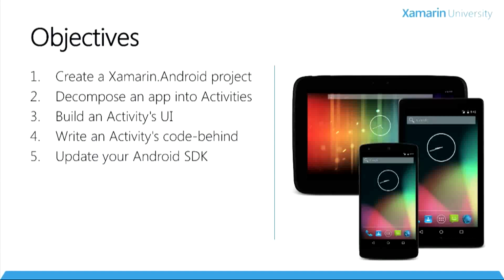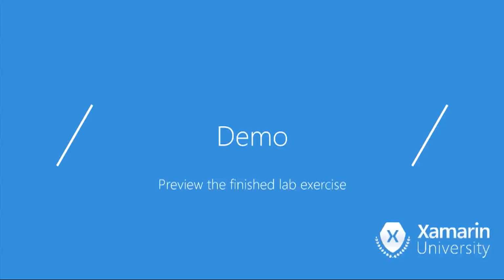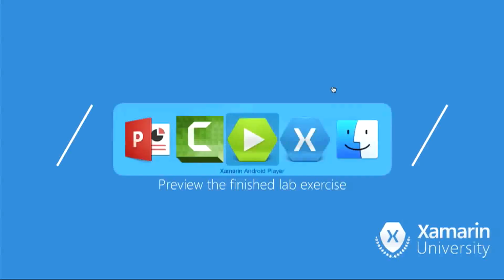In particular, we're going to talk about what an activity is and try to get some intuition about how big an activity is, just what's the scale or the scope of an activity within your app. And finally, we'll talk about how to keep your development machine up to date as new versions of Android get released. To get us started, I'd like to show you the finished lab exercise.